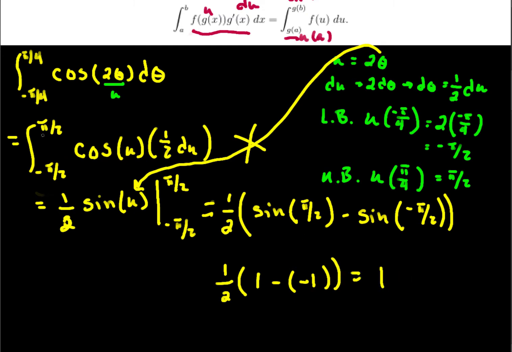So the definite integral of cosine 2 theta bound between negative pi over 4 and pi over 4 is 1. That is the value of that integral.